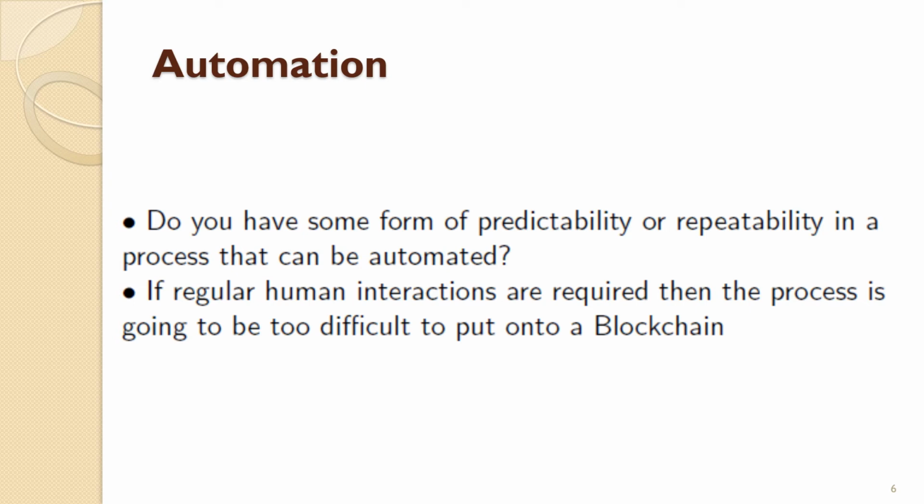Now in contrast, if regular human interactions are required, then the process is likely to be too difficult to put onto a blockchain. If you need an organic squishy human being to think about this carefully and you can't automate it, then it is very definitely not a problem that can be solved using a blockchain.